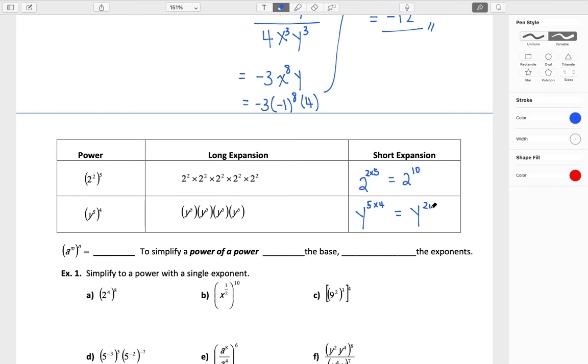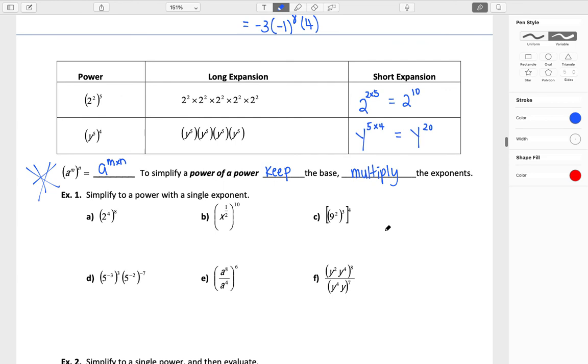So it's y to the 20. So when you have exponents right beside each other with a bracket, you multiply the exponents. So to simplify a power of power, I'm going to put a star here. You're going to again keep the base, but this time you're going to multiply the exponents.